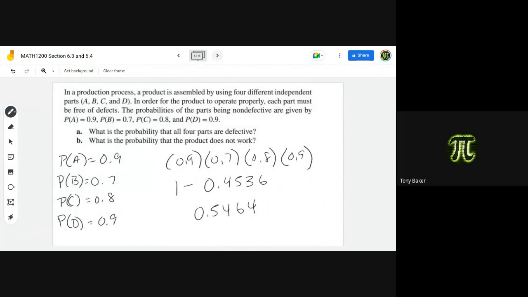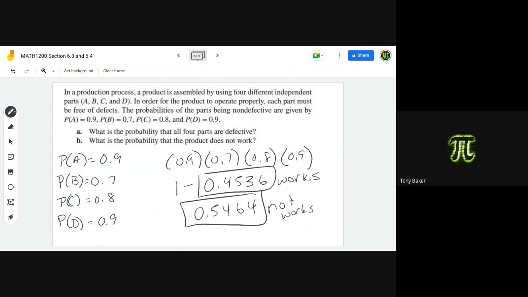Yes. Okay. I see that we got different numbers, but what's the difference between part A and part B? Oh, the first one was asking if all 4 parts are bad.